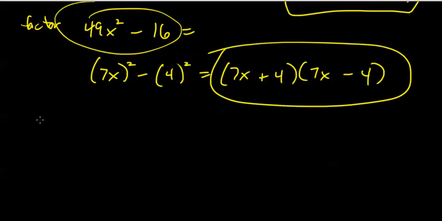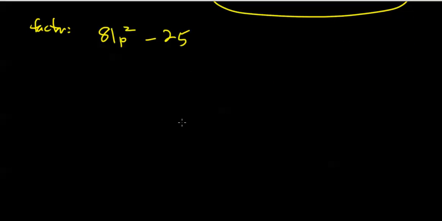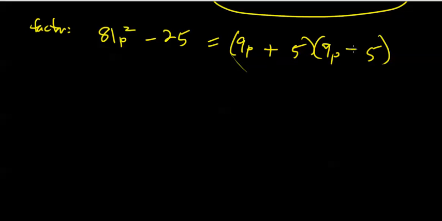Okay, try another one. Factor 81p squared minus 25. Well, similarly, 81 is a square, p squared is a square, and 25 is a square. Let me try to do this one just by inspection. Well, this will work if I have 9p in the first slots, 5s in the last slots, and plus here and minus here. 9p plus 5 times 9p minus 5.